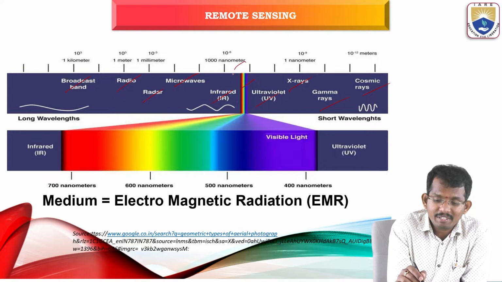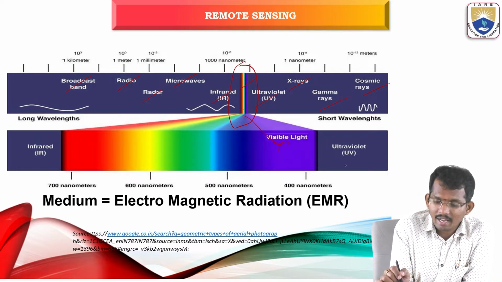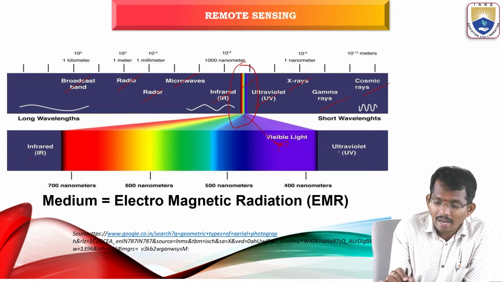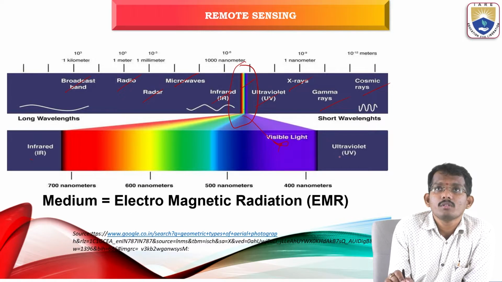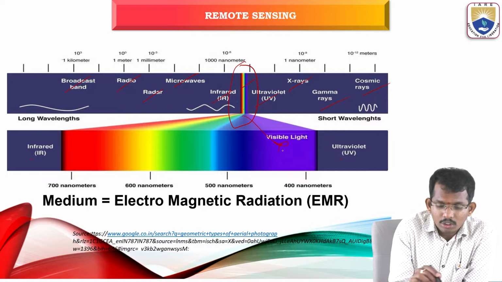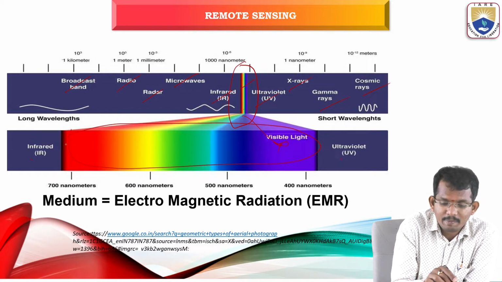This electromagnetic spectrum is visible only in the visible spectrum. In the visible spectrum, again we can see the VIBGYOR colors. This visible spectrum is between IR and UV rays. So here we can see 7 colors in the visible spectrum.